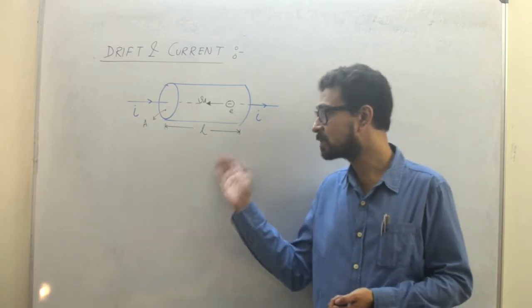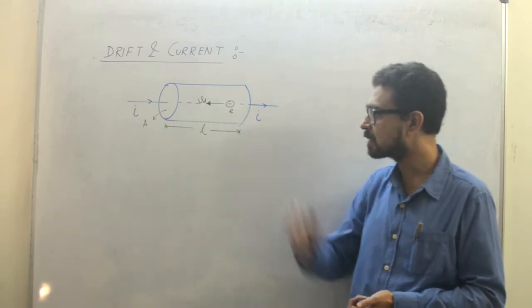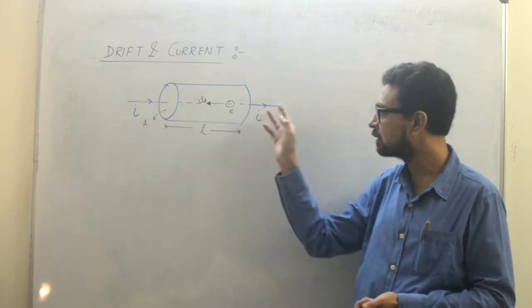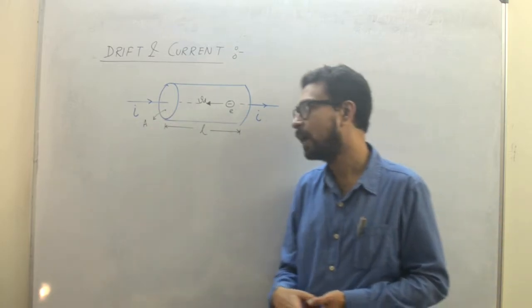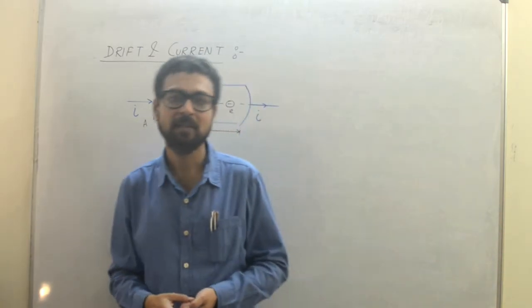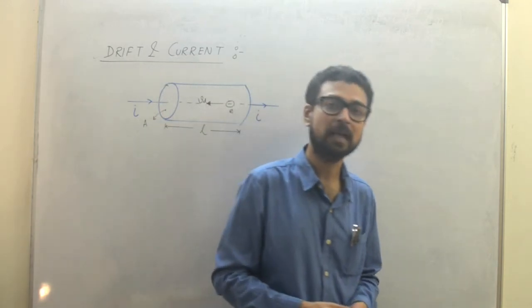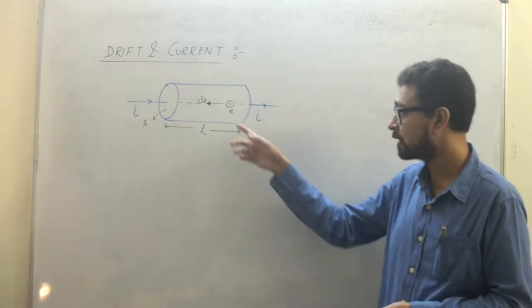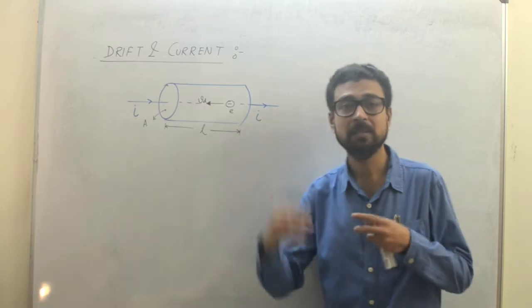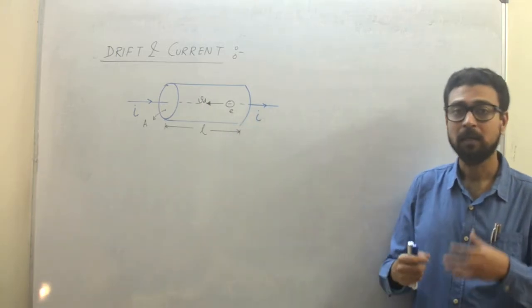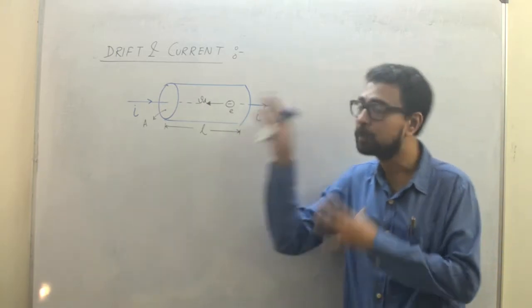So let us consider a conductor which is cylindrical in shape, and there is a current flowing through it. You know that the conventional direction of current is opposite to the direction of electron flow. So we can imagine that this current is flowing because a lot of electrons are flowing opposite to it.